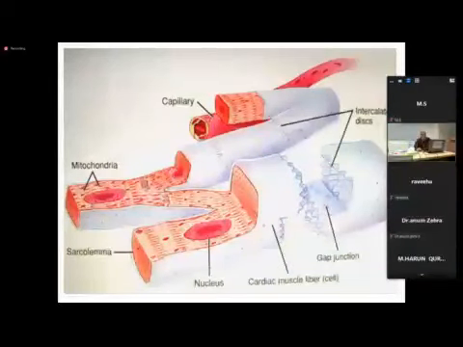Each myocyte, which is a myocardial fiber, is connected with the adjacent myocardial fiber by this structure, which is called the intercalated disc. Intercalated discs are actually the fused cell membranes of two adjacent myocardial fibers.